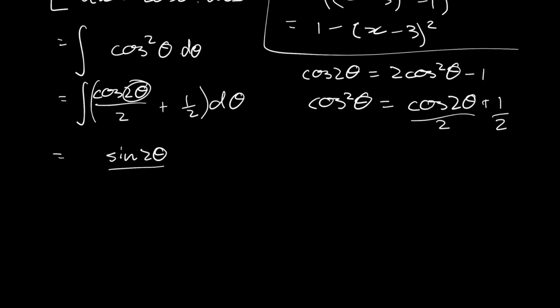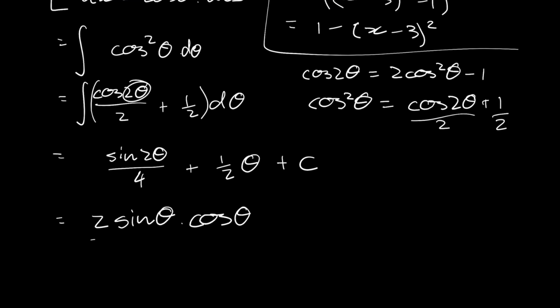So we have sine of 2 theta over 4, and then that's plus 1 over 2 theta, because the integral of 1 over 2 in terms of theta is theta, and that's plus c. Okay, but we also know that sine of 2 theta, with our identities, is 2 sine of theta times cosine of theta over 4. And 2 over 4 is the same as 1 over 2.